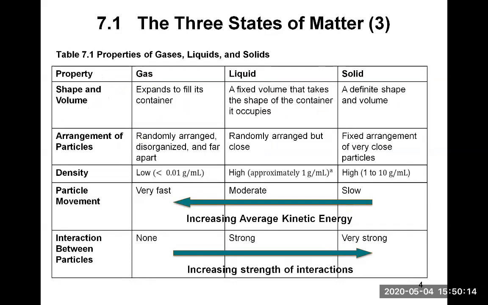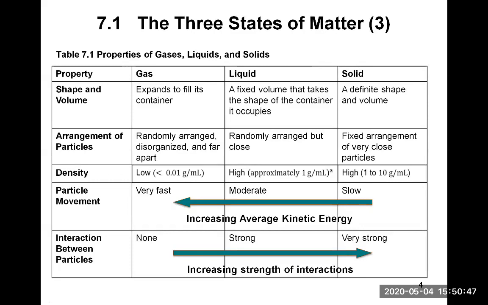Here it reminds you about the property of shape and volume and the arrangement of particles, which we covered already. So then there is the density, and see how the density of gases is very low. You have very few atoms and so little mass per unit of volume. The densities of liquids and solids are both considered high, but solids are even more dense than liquids.